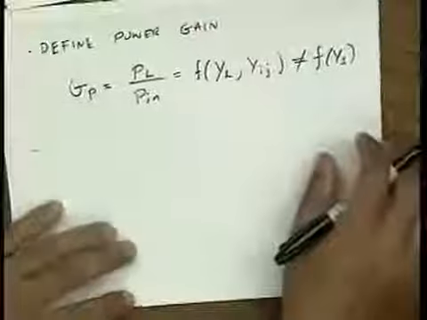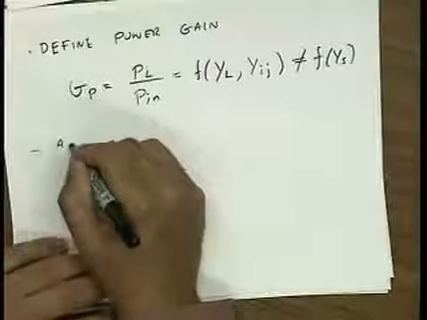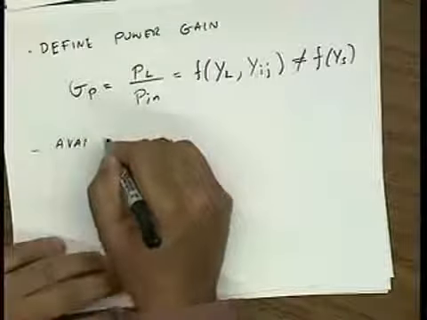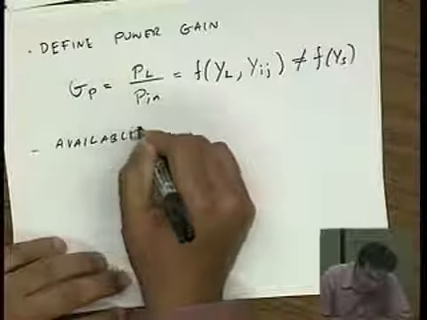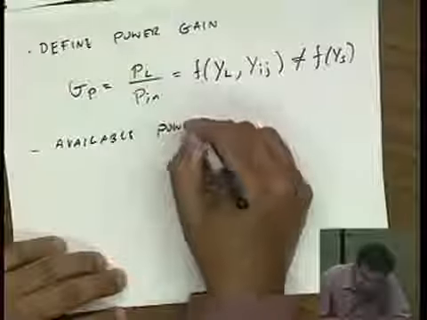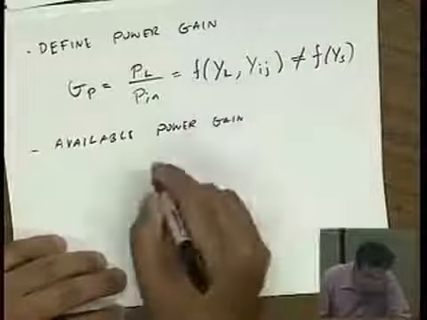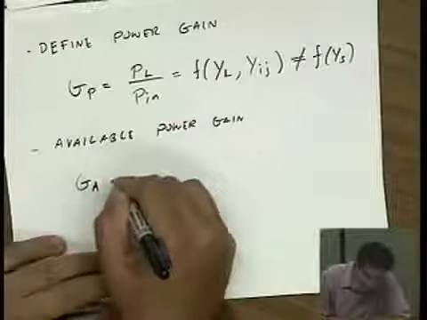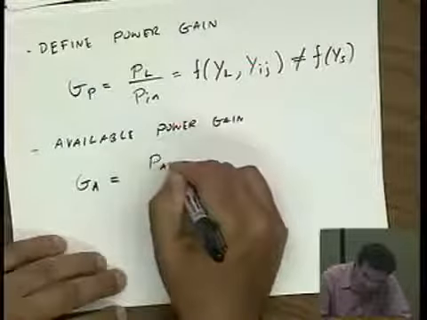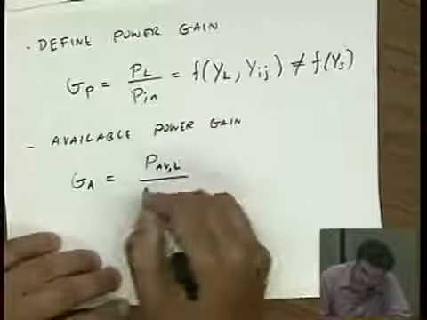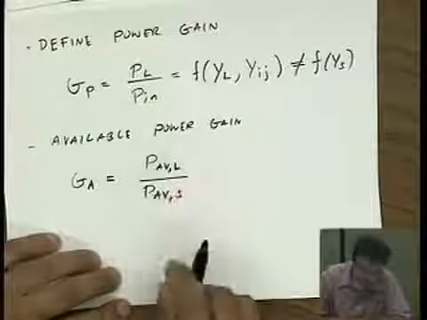Okay. Another way we can define power gain is the available power gain. The available power gain, GA, is the power that's available at the load divided by the available power at the source.